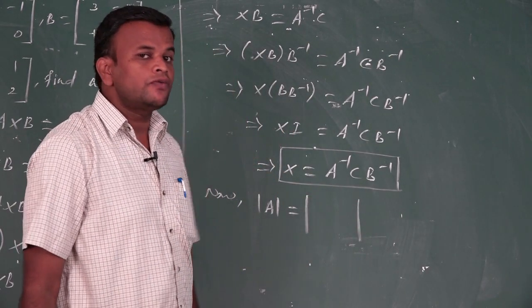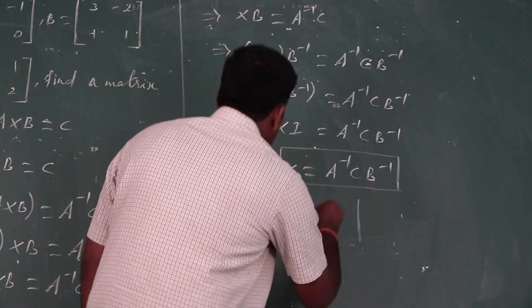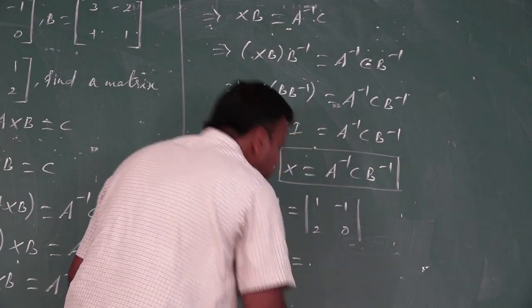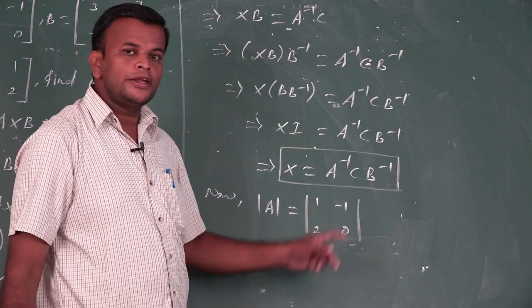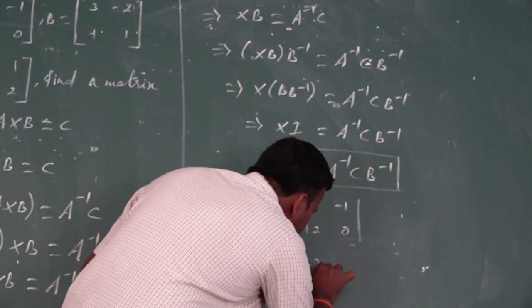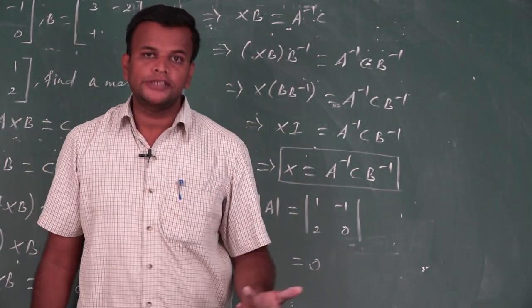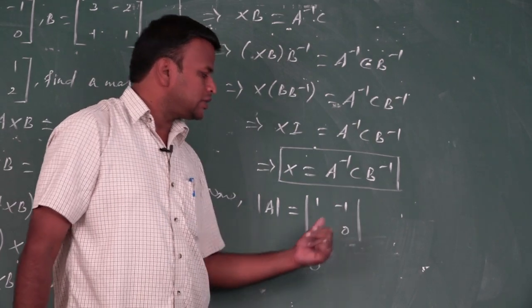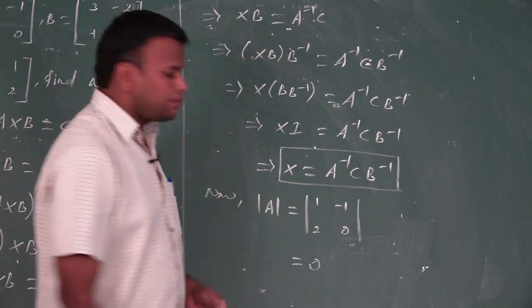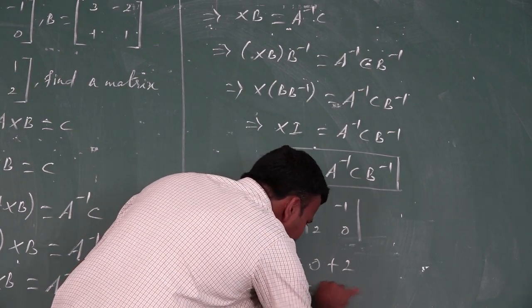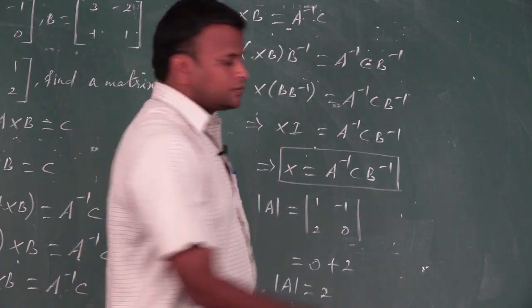What are the values of A? The values of A are 1, minus 1, 2, 0. We multiply: 1 into 0, 0. Next, we multiply these two elements with a minus sign. Already minus 2 is there. We multiply one more minus, it becomes plus 2. So determinant A value is equal to 2.